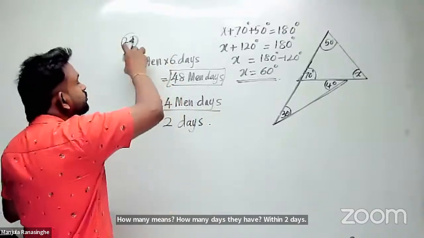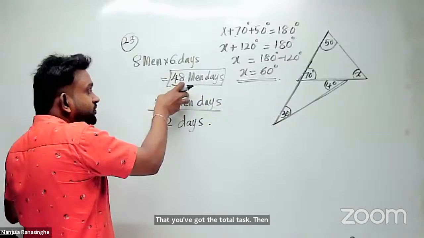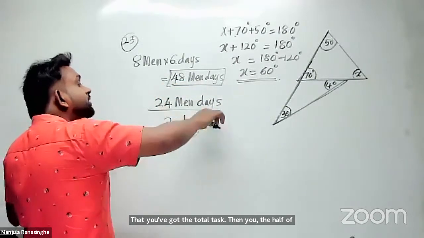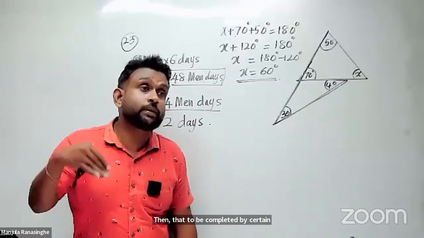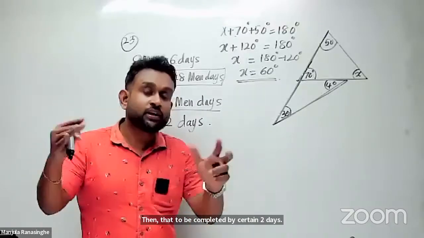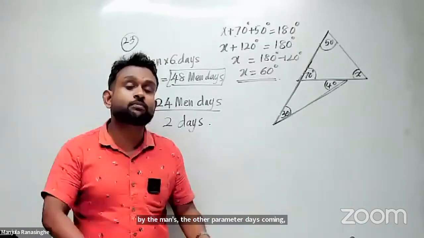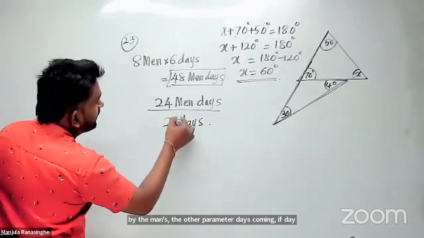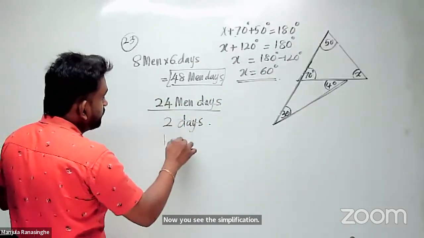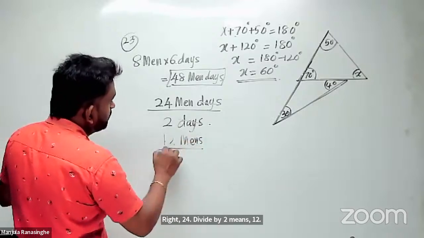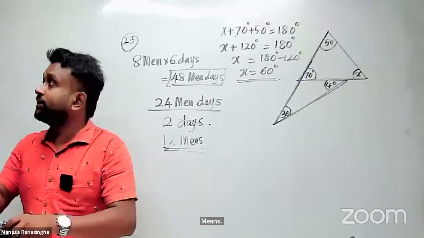If days are given, the other parameter, men, comes when you divide by the days. Now you see the simplification, days cancelled. 24 divided by 2 is 12. So 12 men are required. Right, correct.